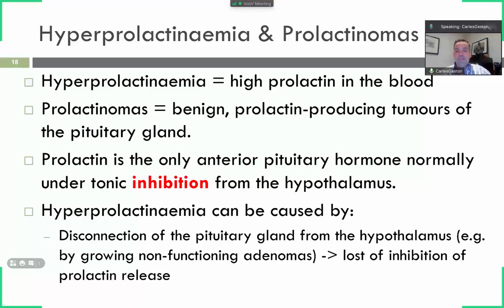For example, because the hypothalamus is inhibiting prolactin, if there is a disconnection between the pituitary gland and the hypothalamus, i.e. by growing non-functioning pituitary tumors, or by accident, or because there is a dysfunction of the blood vessels or other diseases, that will stop the inhibition and prolactin will start being expressed. And also prolactinomas themselves, or tumors just expressing prolactin.